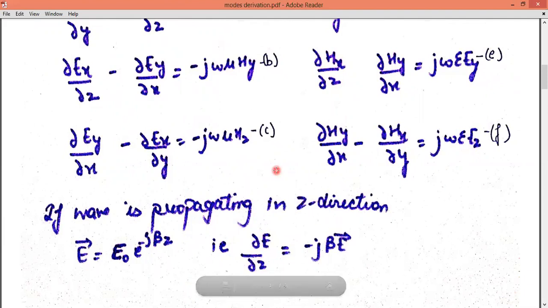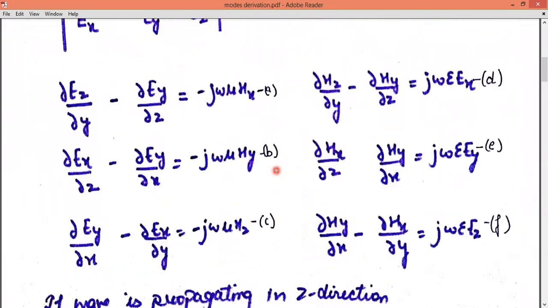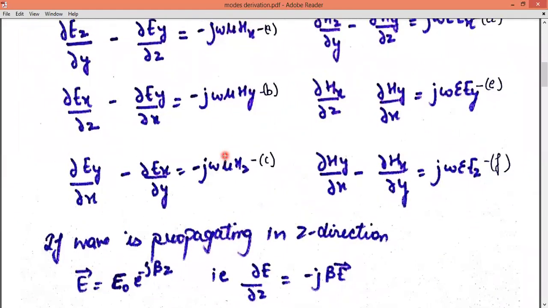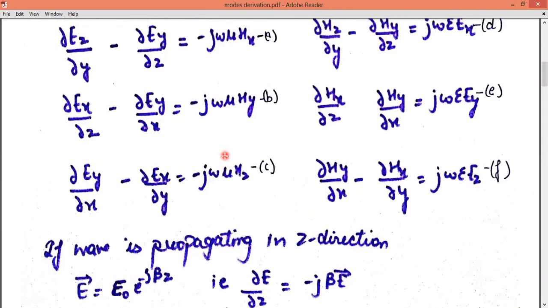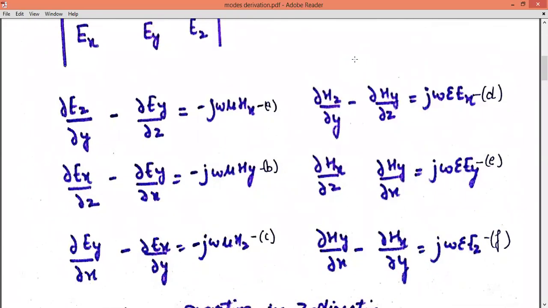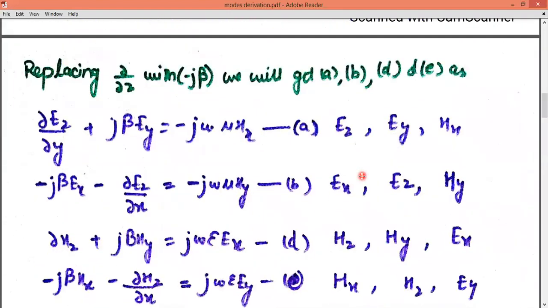So let's check where we are getting it in equations A, B, D, E. See, in A we are getting del by del z, and here also we are getting it, and here too. Whenever you see a format like this, we will replace it.